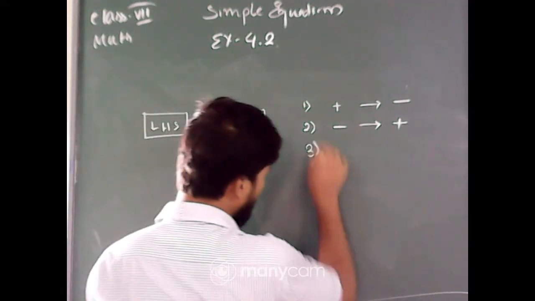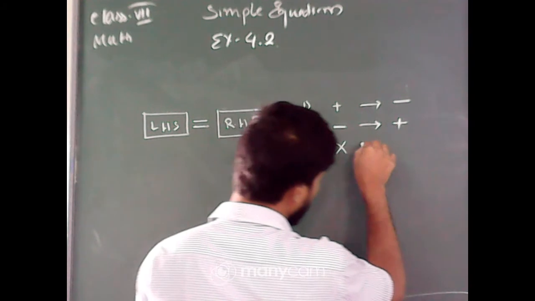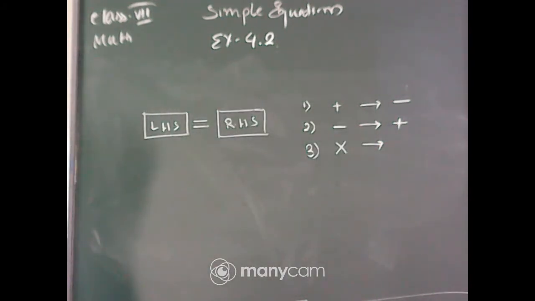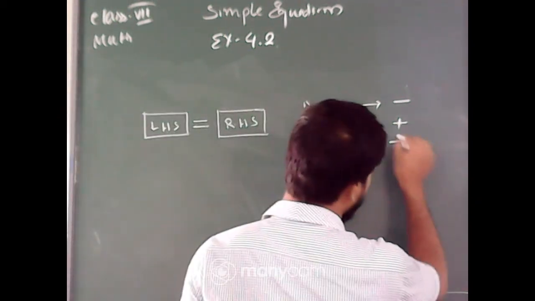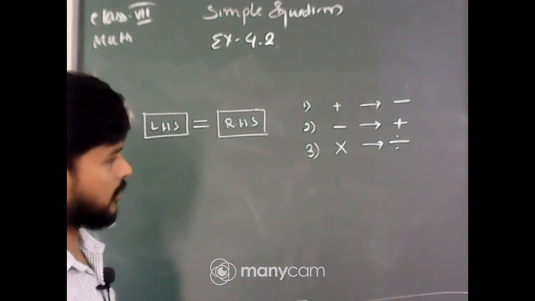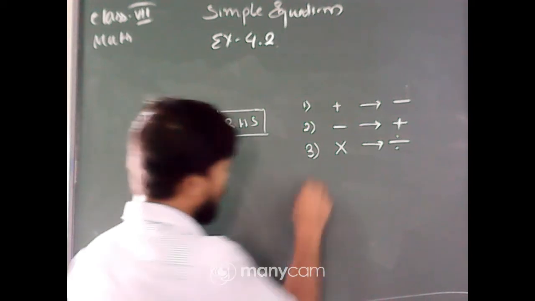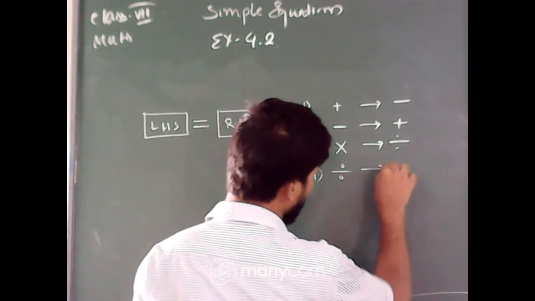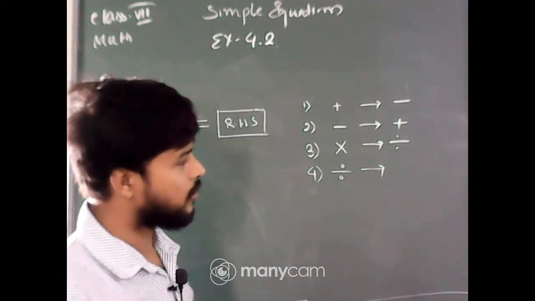Similarly, if it is multiplication, then to convert it, yes, we have to use division. Yes, division. And number 4, if it is in division sign, we have to convert it into multiplication.